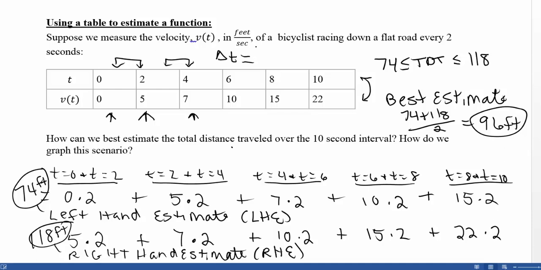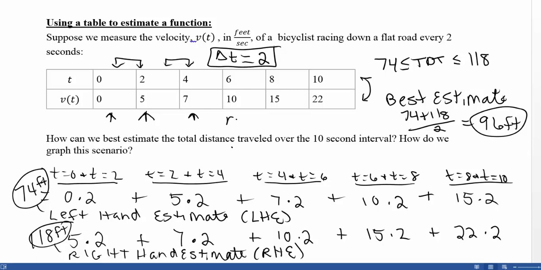So in this problem, my delta t is 2. Okay, your delta t, or sometimes delta x if you're using the variable x, is going to be the interval size that you're using or what you're counting by in terms of the independent variable. So delta t here is 2 because I'm counting by 2's, 0, 2, 4, 6, 8, 10.